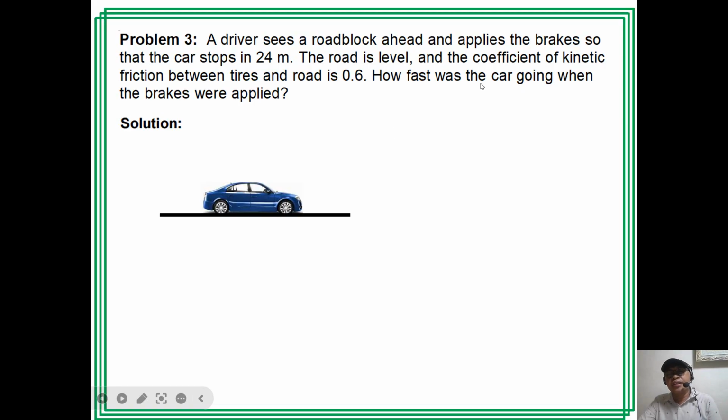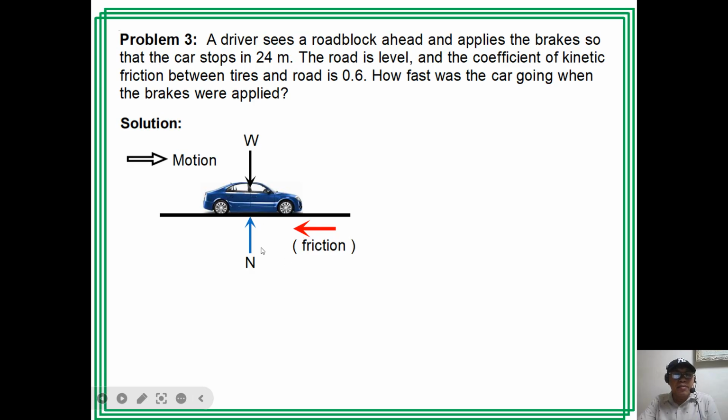Okay? So we have here the car, and then the driver sees a roadblock ahead and applies the brake, and the car stops in 24 meters. So the question here is the initial velocity of the car when the brakes are applied. Now, the final velocity is 0 because the car stops. And the distance S traveled is 24 meters. Okay. We will solve first for the acceleration. So, the car is moving, and then when the brakes are applied, we have the friction between the tires and the road that makes it stop.